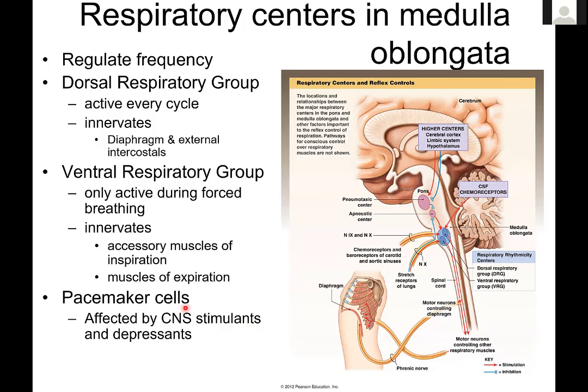If you subject your nervous system to large amounts of a nervous system depressant, that changes the leakiness of the DRG neurons, and the pacemaker effect no longer exists, which means that the impulse to breathe unconsciously no longer exists. And that is a really, really sad way that a lot of people die in the United States.